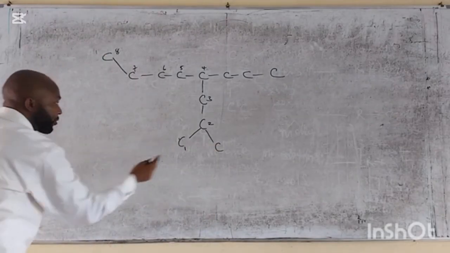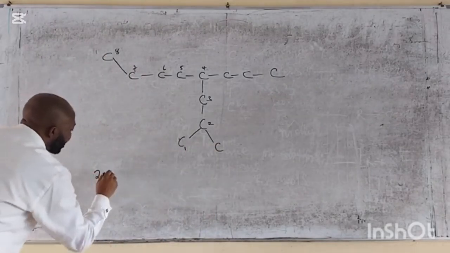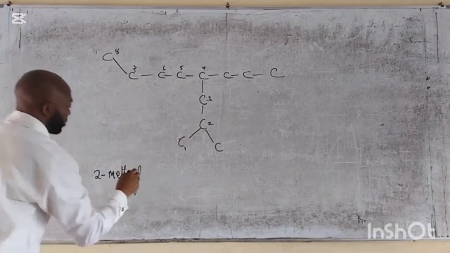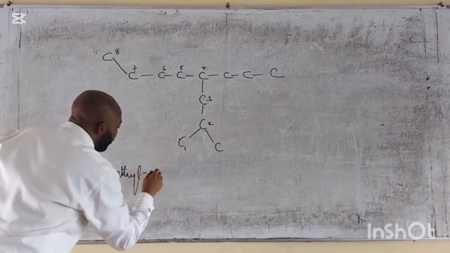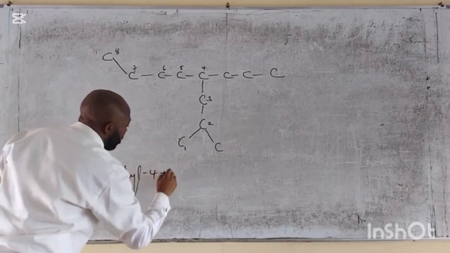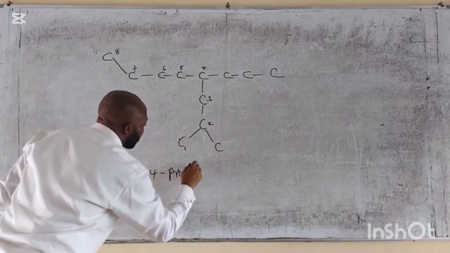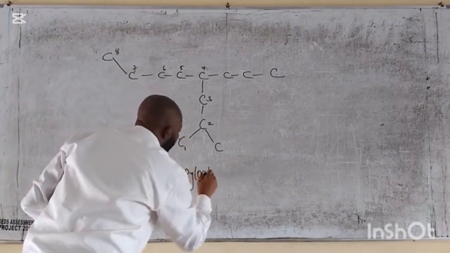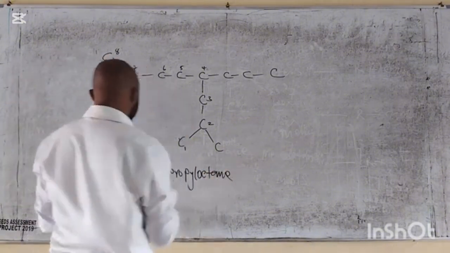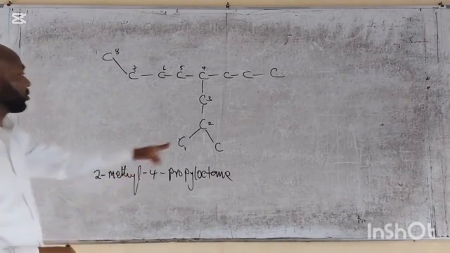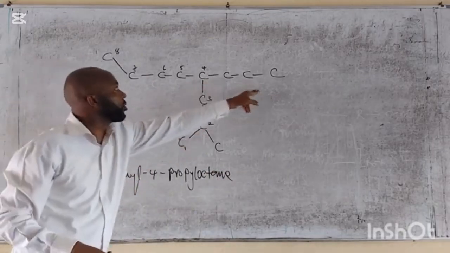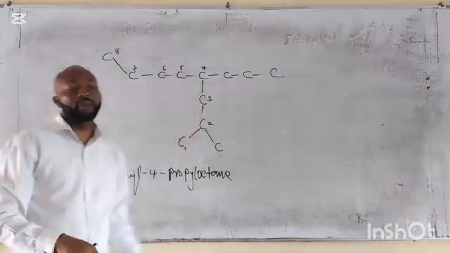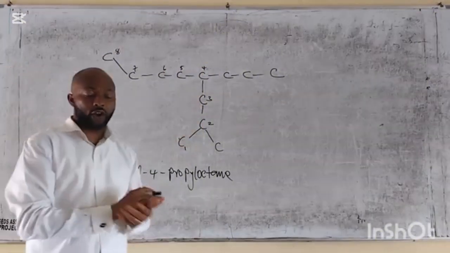So we have 2-methyl, 4-propyl, octane. 2-methyl-4-propyloctane. The parent chain is octane. So by so doing, you continue to name on and on.